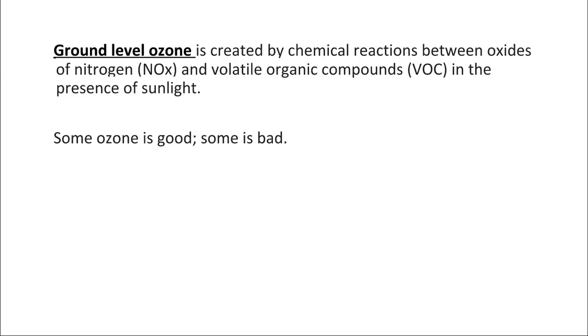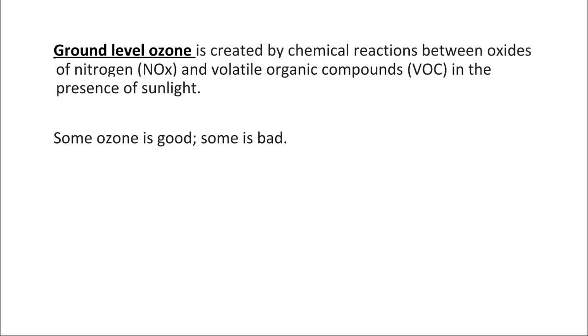Ground level ozone. When we talk about ozone, typically ozone is a good thing, right? Because ozone protects us from ultraviolet light in the stratosphere. And as long as it's in the stratosphere, it's fine. But when it's breathed in by humans, it's poisonous.